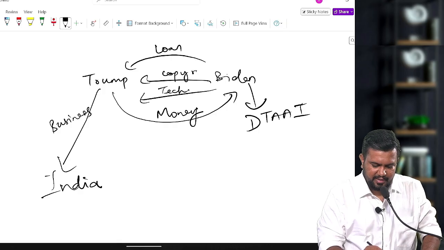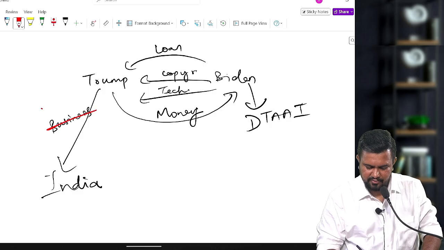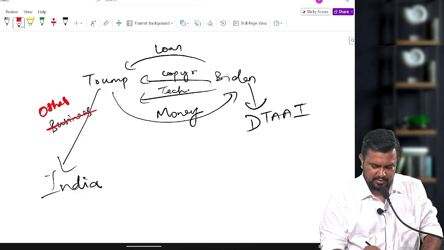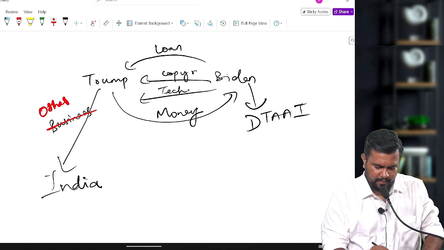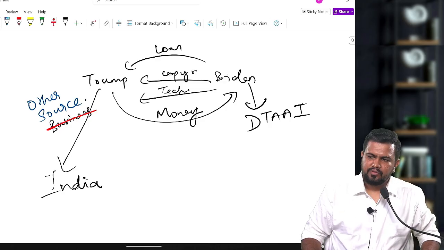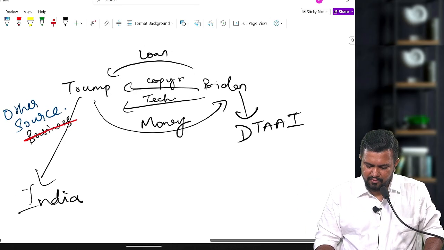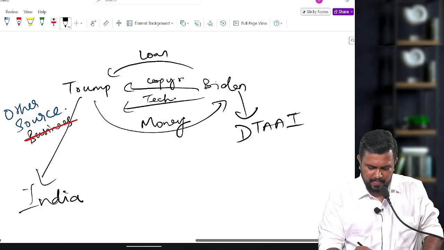Now, this is for business. What if Trump is not using it for business, but is using it for another source? Instead of business, if it is other source, then you know what will happen.